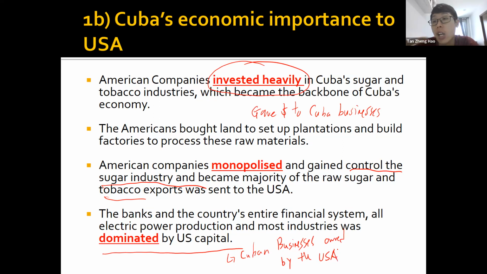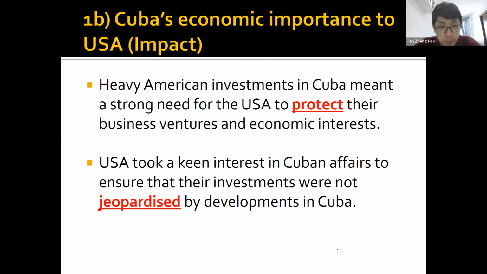So you can think of it, a lot of resources, a lot of money in Cuba is flowing out to the US. America will always want to protect its businesses in Cuba, and they do not want whatever happened in Cuba to affect their business interests. So that is the main thing you want to know: America wants to protect its business in Cuba. Later on, Cuba will undergo some changes that threaten these businesses.